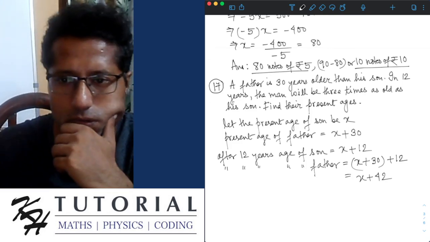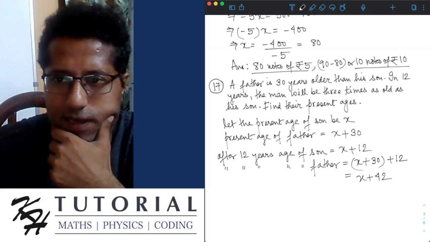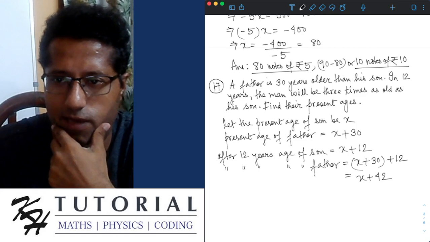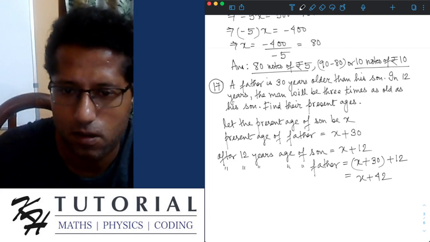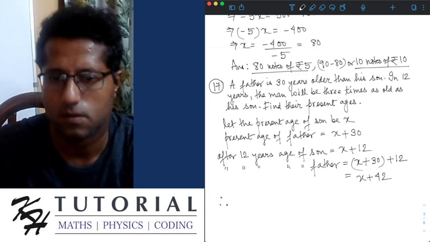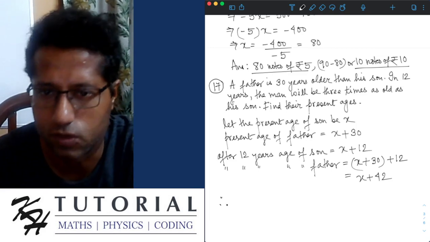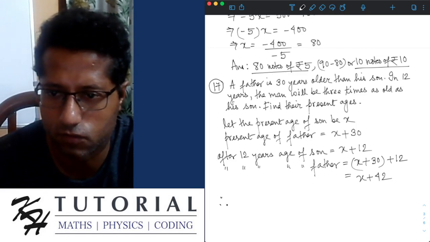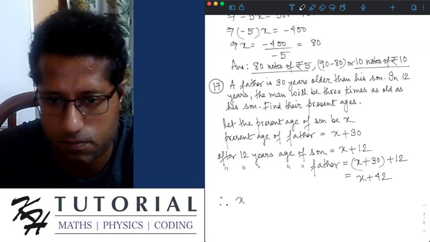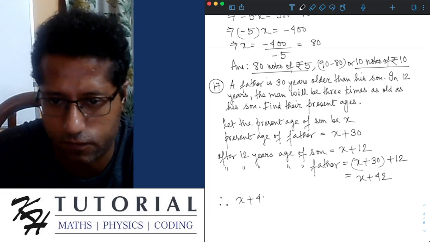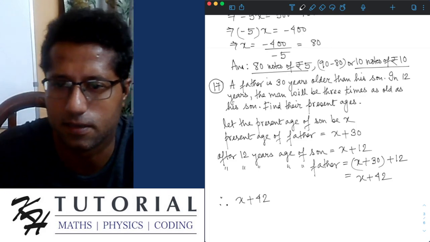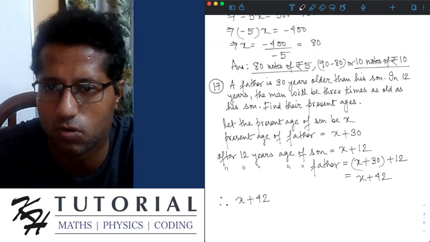Okay. Now it is saying that after 12 years, the man will be 3 times as old as his son. So the father after 12 years has age x plus 42, and as per the problem statement, it is 3 times as old as his son.